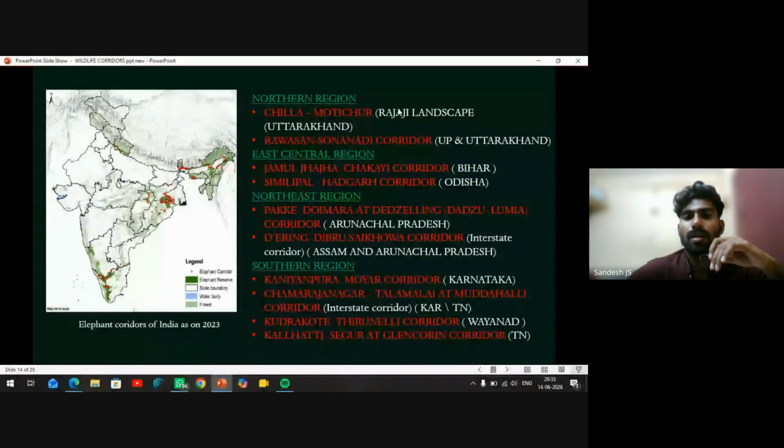Coming to southern India, we have the Kanyanpura Moyar corridor in Karnataka, the Chamarajanagar Talamalai Mithali corridor, also an interstate corridor between Karnataka and Tamil Nadu, the Kudrakote Tirunelveli corridor in Wayanad, and the Kalhati Segur Ghat corridor in Tamil Nadu. So all over India we have around 150 elephant corridors till now.